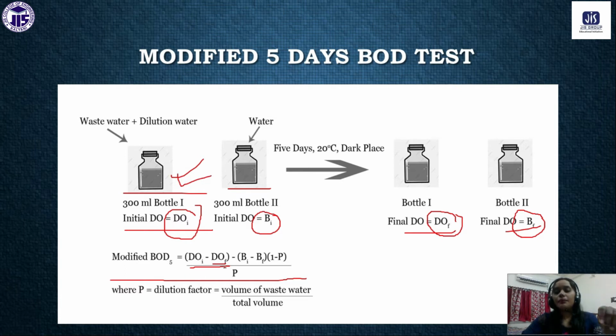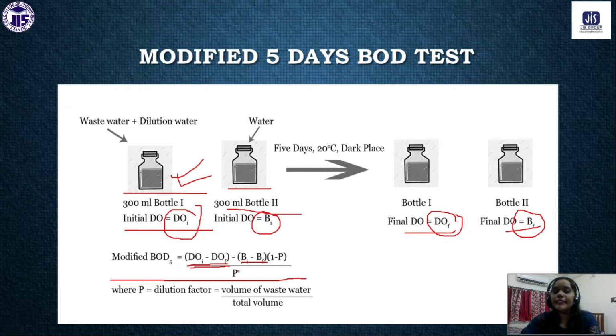So initial minus final gives you the BOD of bottle 1. Understand? And BI minus BF, again this is for bottle 2, gives you the BOD of bottle 2. So bottle 1 means total BOD, and bottle 2 means only the BOD of water.